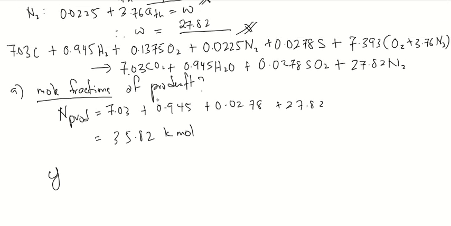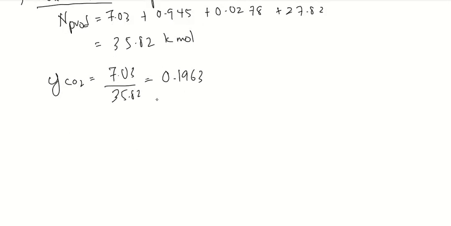Y is a mole fraction, though you can put any symbol. So the mole fraction of carbon dioxide is just 7.03 divided by the total number of moles for the product. Here you have 0.1963.